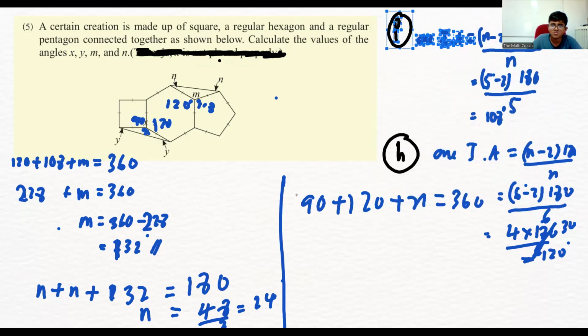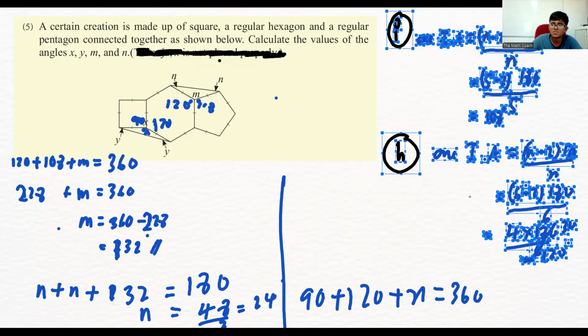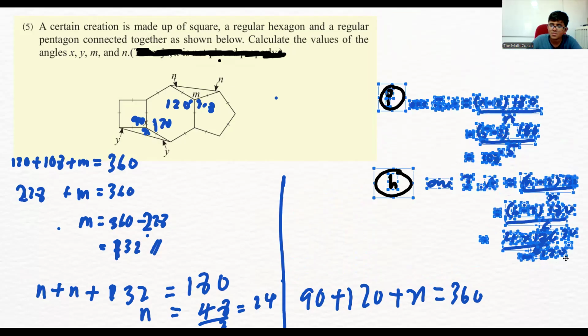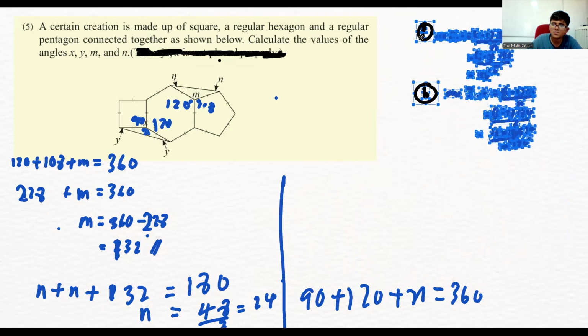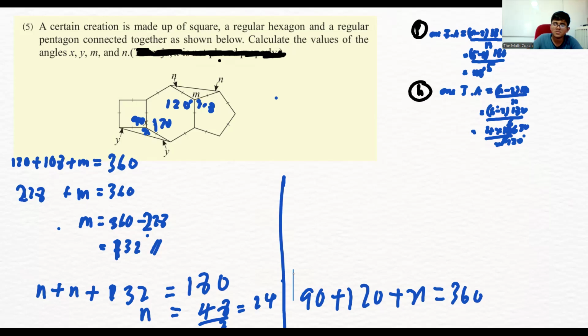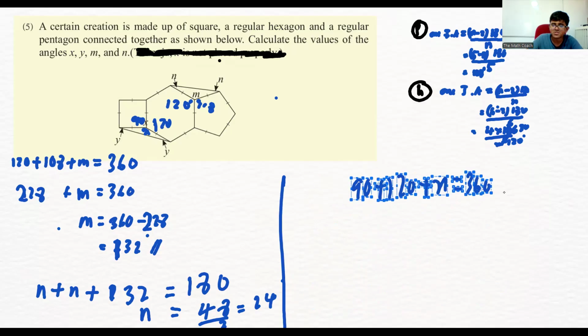I can just move this down a little bit. Much better. So 90 plus 120 plus x equals 360 degrees.